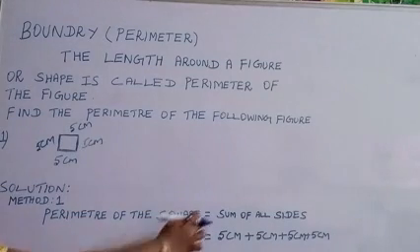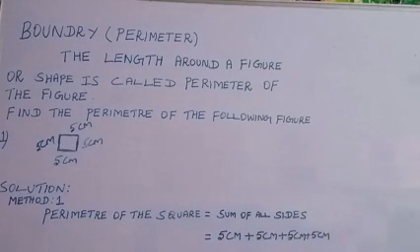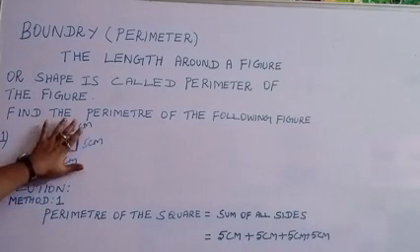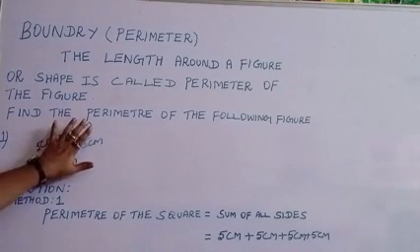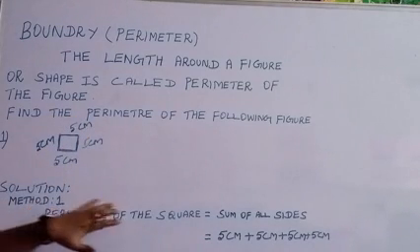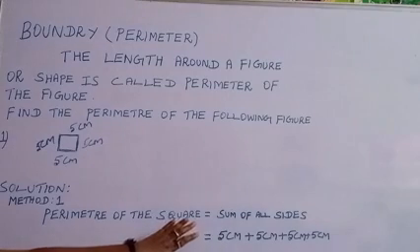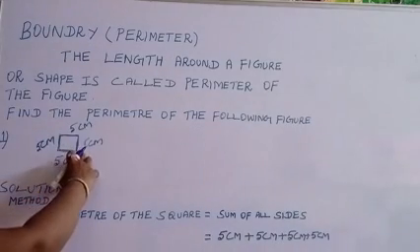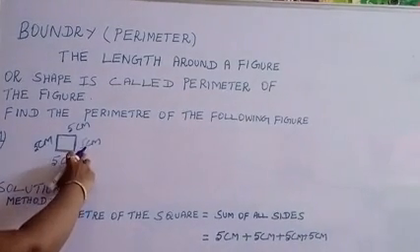The sum of all sides is the common formula for perimeter of all closed figures. So, first I fix method 1, using the formula sum of all sides.